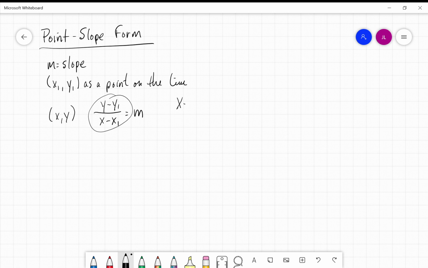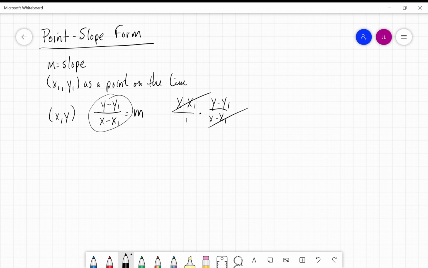So we'd have x minus x1 times y minus y1 over x minus x1, and these things cancel out, and what we're left with is y minus y1 here.